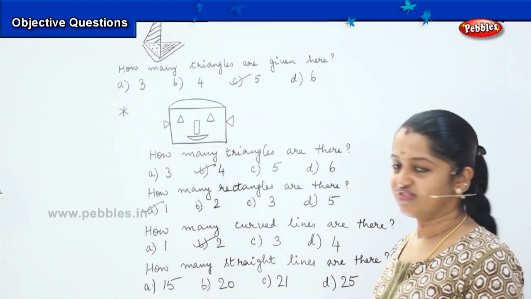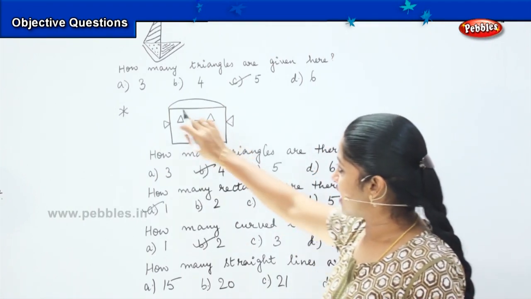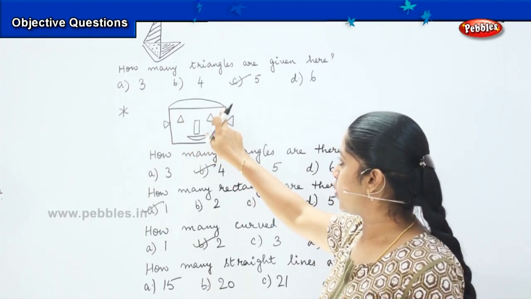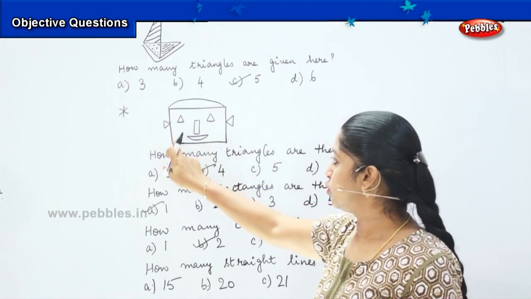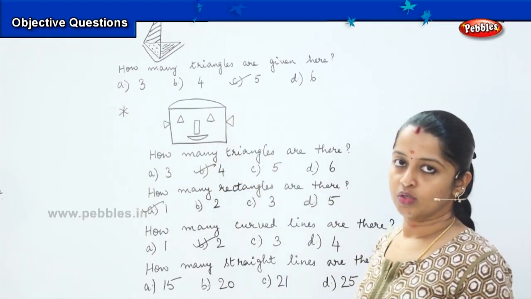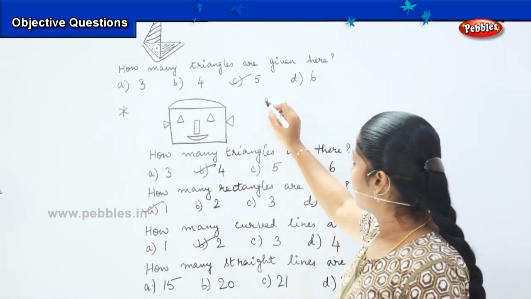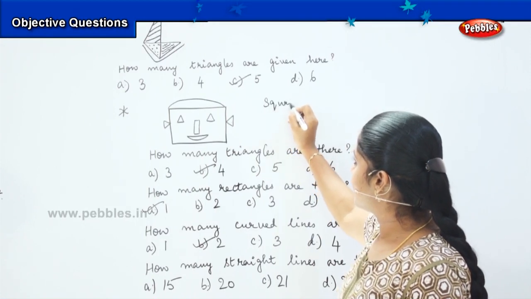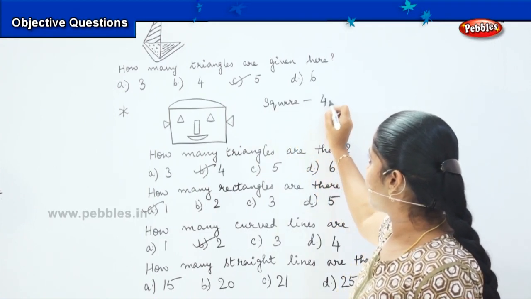Can we count the number of straight lines here? Starting from the top, it's 1, 2, 3, 4. So in the square, we have how many straight lines? We have 4 straight lines.